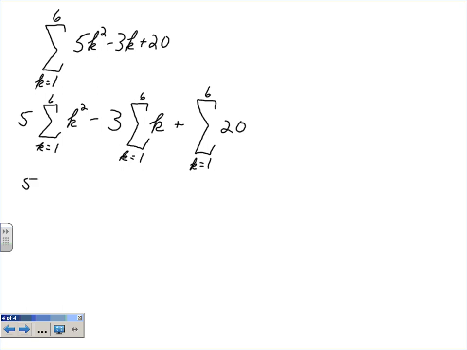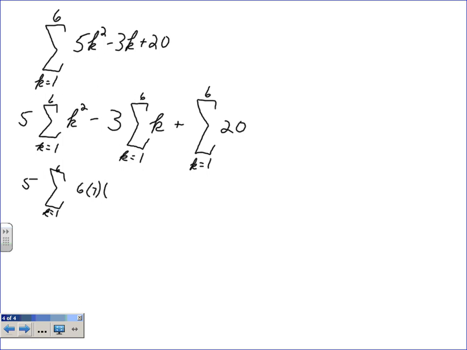Now I'm going to use that formula that says n, which is 6, that's our number of terms, times 7 times 13.